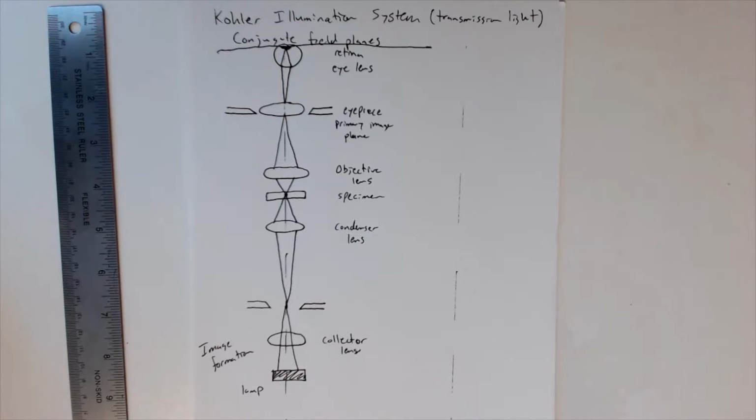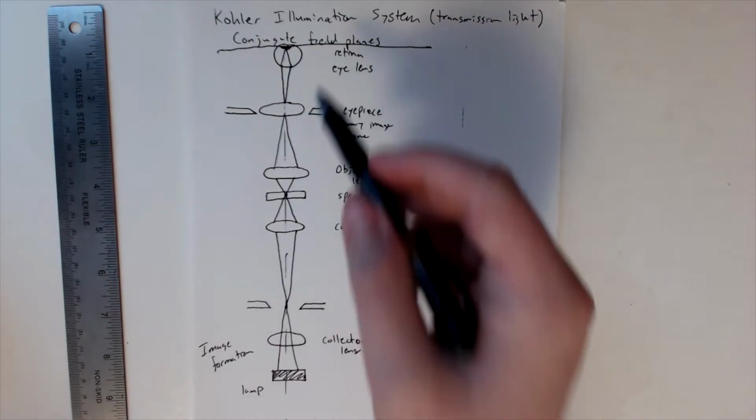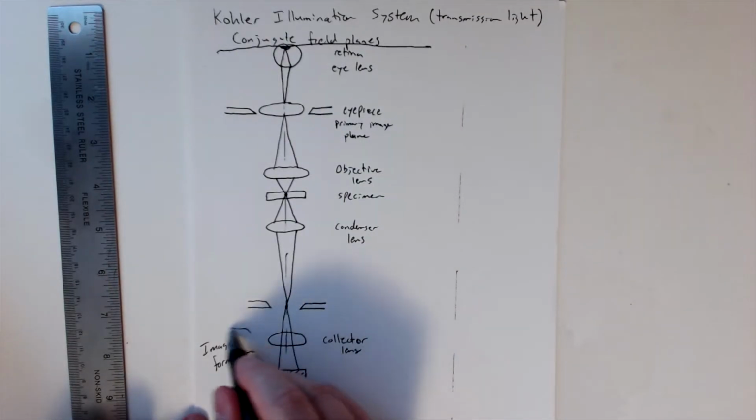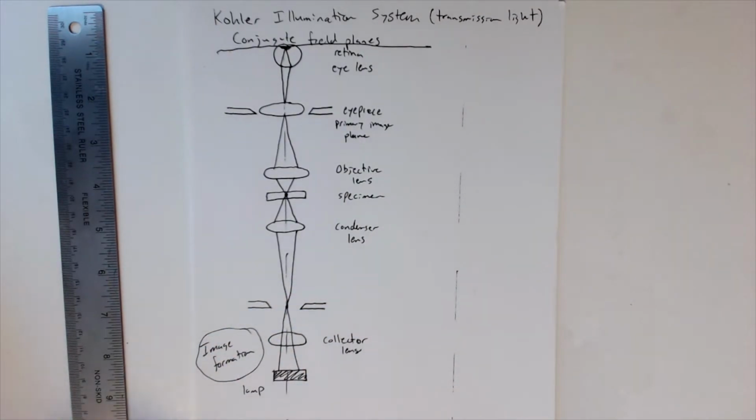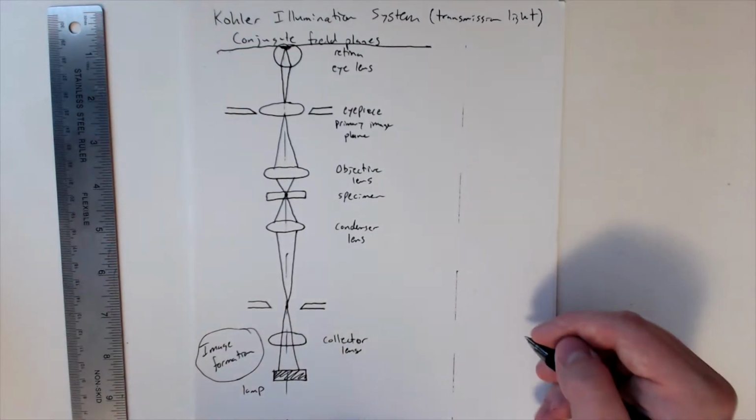That's why we call it a conjugate field plane. And that's the arrangement we have for image formation. And so that's what's important for image formation. However, we can also rearrange things with the same Kohler illumination system such that we can align the microscope.